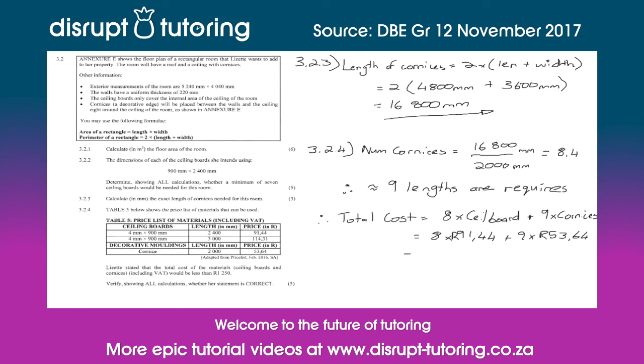So putting this all in your calculator, you get a grand total of 1,214 rand, 28 cents. And the question asks us, would it be less than 1,250? So therefore the statement is correct.